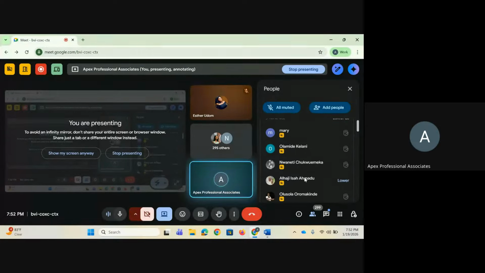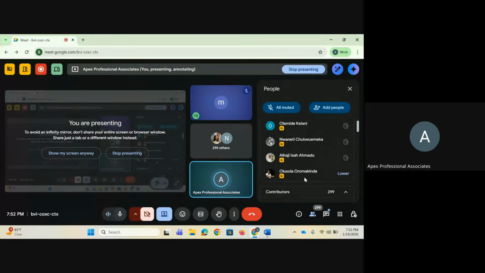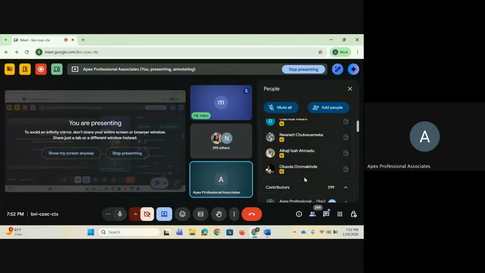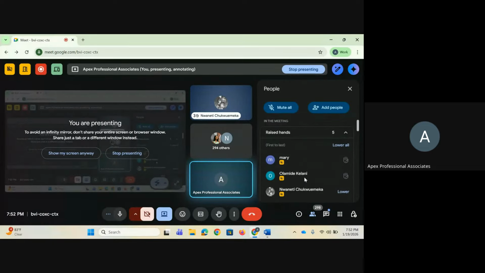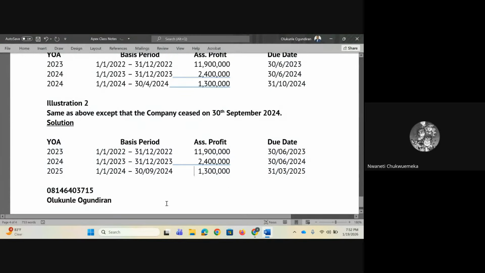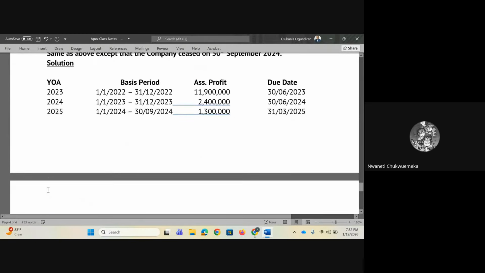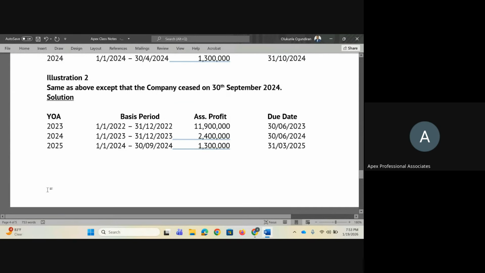Chukwemeka, please go ahead. Okay, sir, please. My question is, if the company ceases in the month of December, will they still have to move it 6 months after?